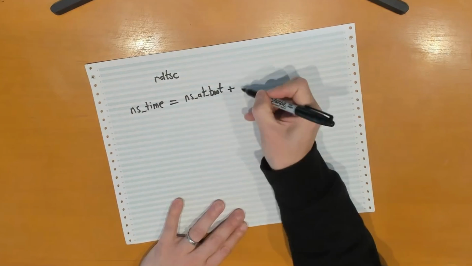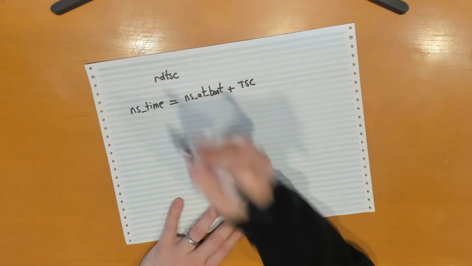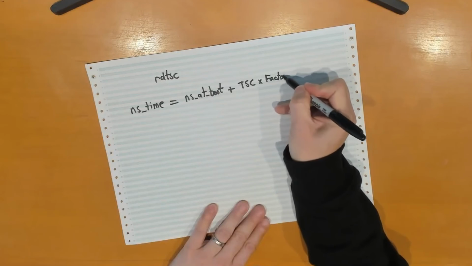But then we need to add the timestamp count, which I'm going to write as TSC, the timestamp count from this instruction, and then we kind of need to multiply it by some kind of thing that turns the frequency of the timestamp counter into nanoseconds. So in my computer, I need to essentially divide by 3 or multiply by a third. So I'm going to have multiplied by some kind of factor over here. That will give me the current time in nanoseconds.